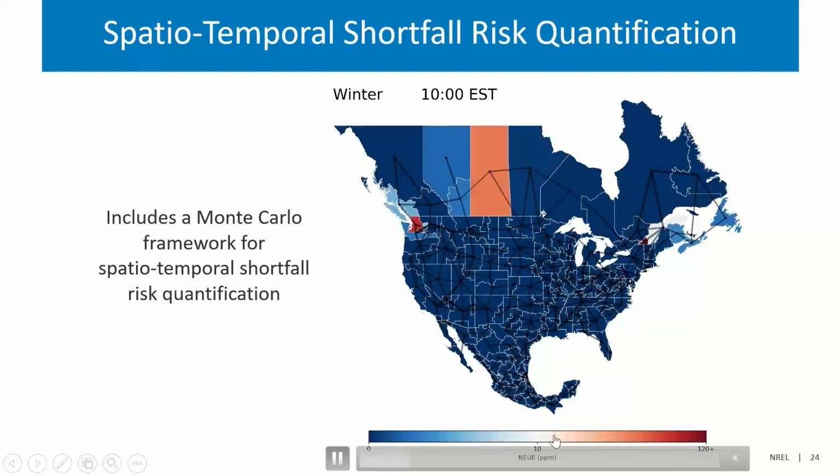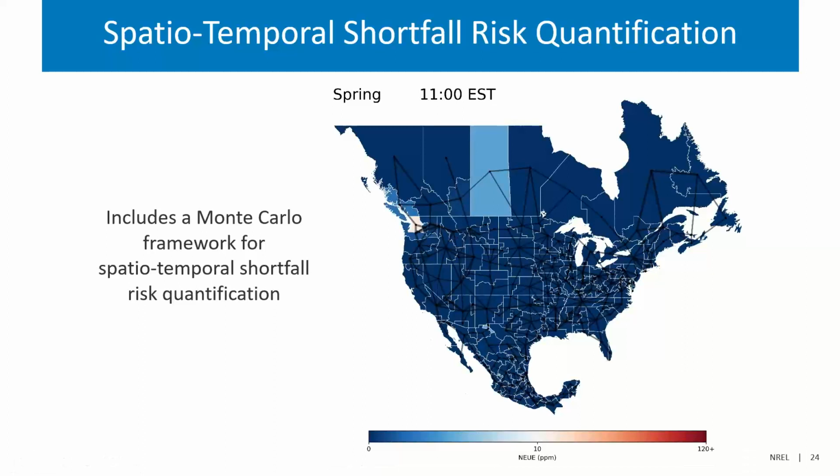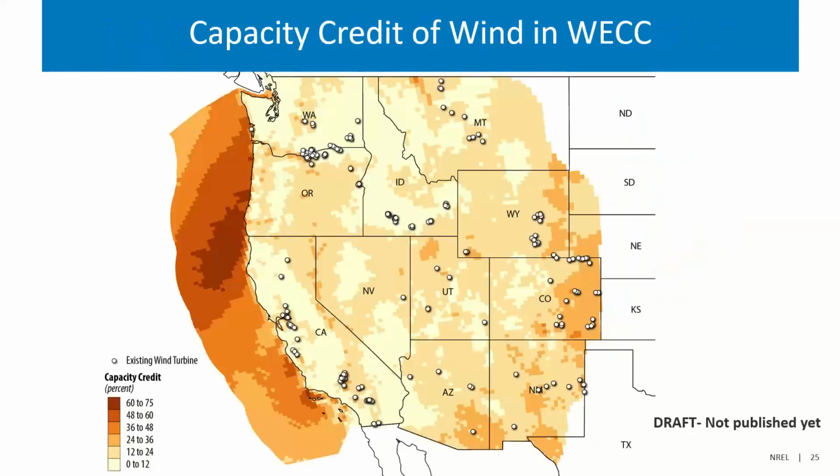However, as the winter progresses, as the day progresses during the winter, you also see a lot of shortfall in the northern part of North America. So this is one of the applications of PRAS. The other is calculating capacity credits.